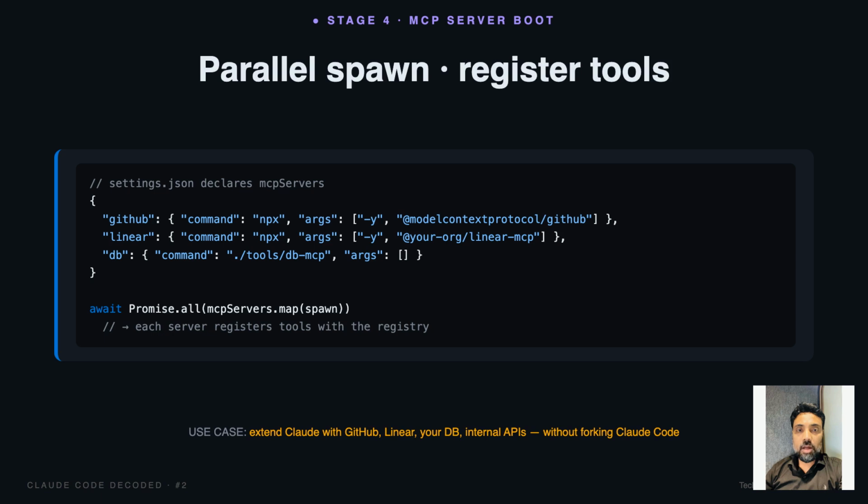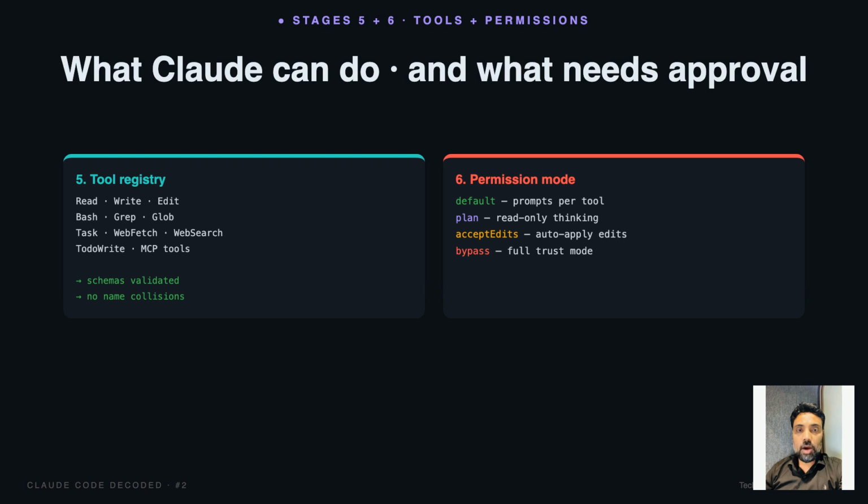The use case is you connect Claude to your GitHub, your Linear, your databases, your internal APIs, all through MCP. When you understand this stage, you understand why MCP server bugs feel like a slow Claude startup. Bad MCP servers slow everyone down.